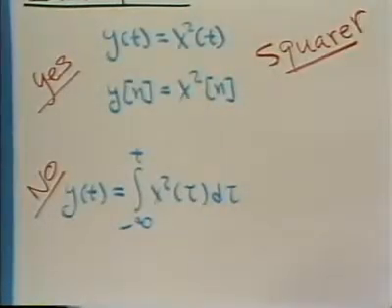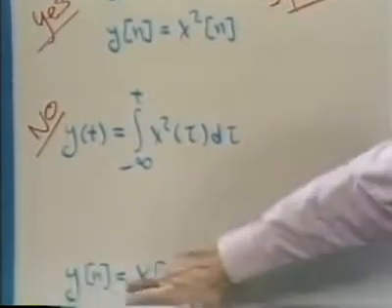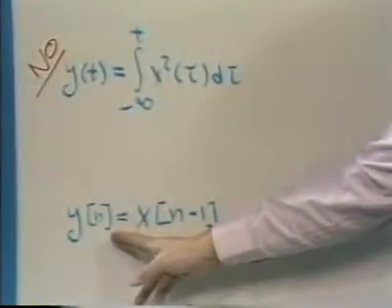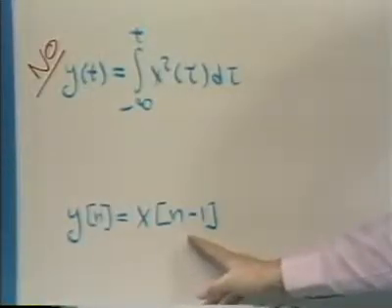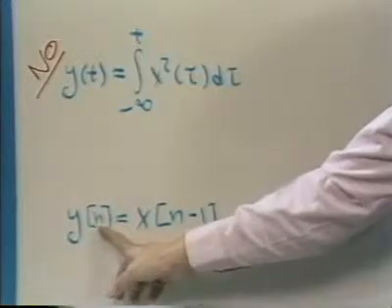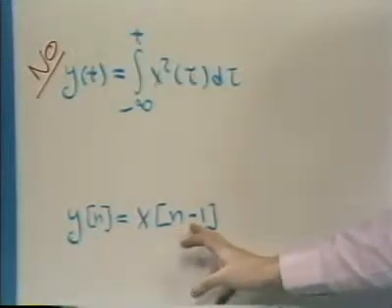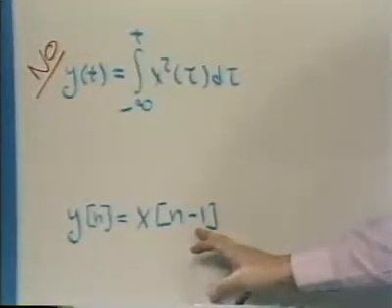And now I have a third system defined here. The third system is a discrete time system in which the output is equal to the input but not quite. The output at some time, let's say for example at n equals 0, is equal to the input at one time sample or instant or value of the index before that.